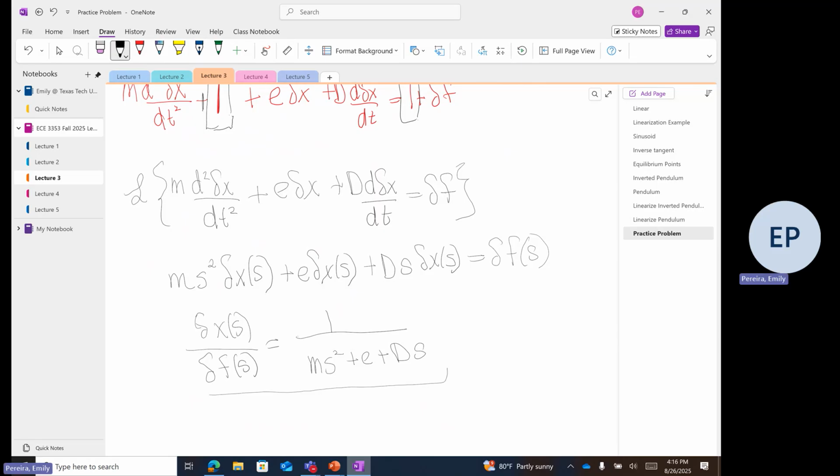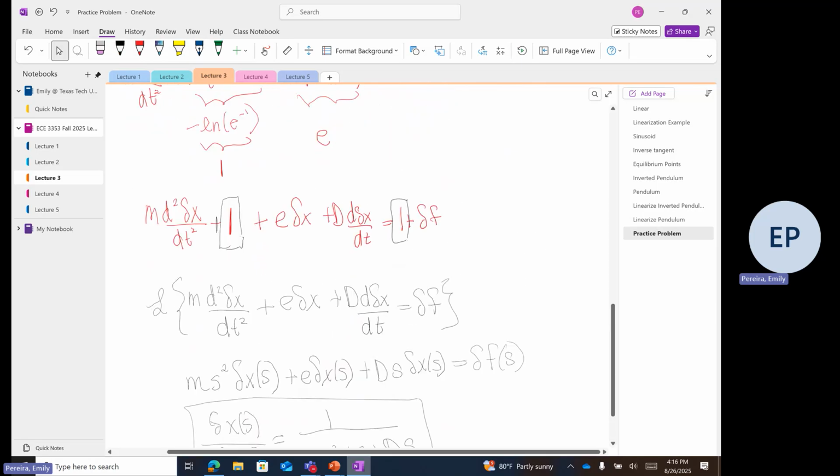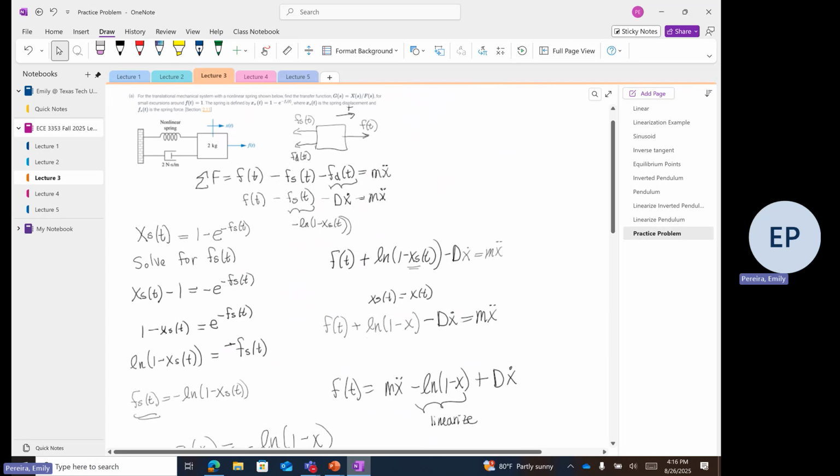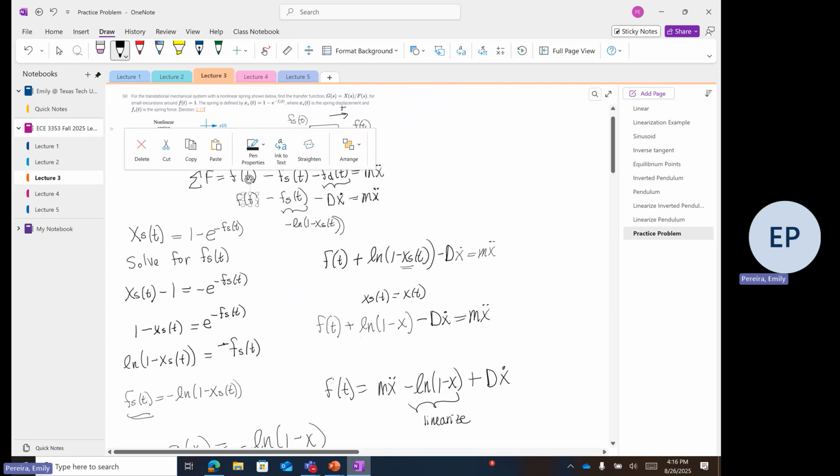Okay, so this is your final transfer function for the perturbation around the position of the mass with respect to the perturbation around the input force in your mass spring damper system with a nonlinear spring.